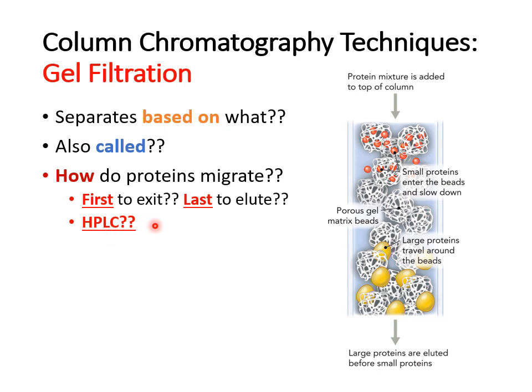And so with HPLC, because the beads, the pores and the holes are so small, and because you're using high pressure, you end up getting greater separation of proteins, meaning that you're able to separate proteins that are really close in size to each other, whereas in regular gel filtration, if you have two different small proteins, they might not separate out from each other much because how small can the pores really be?